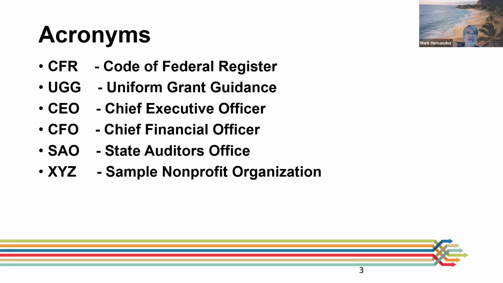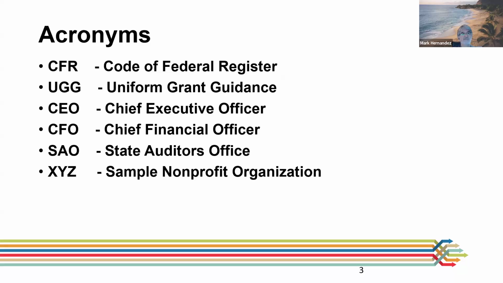So the acronyms that we have over here, most of us know the CFR, the Code of Federal Regulations. UGG, you might hear that from different training organizations and periodicals, other things. That's basically the shorthand for the 2 CFR Part 200, with a real long name of the Part 200.